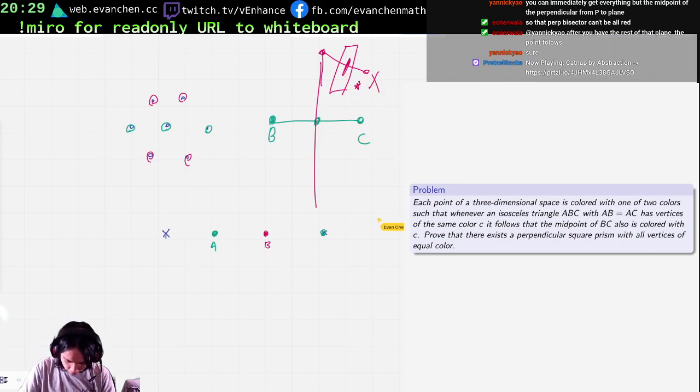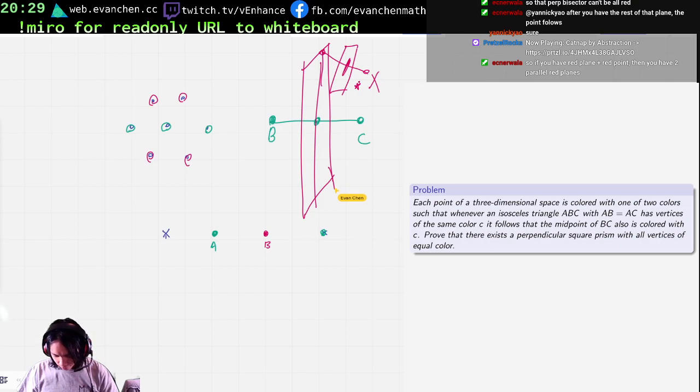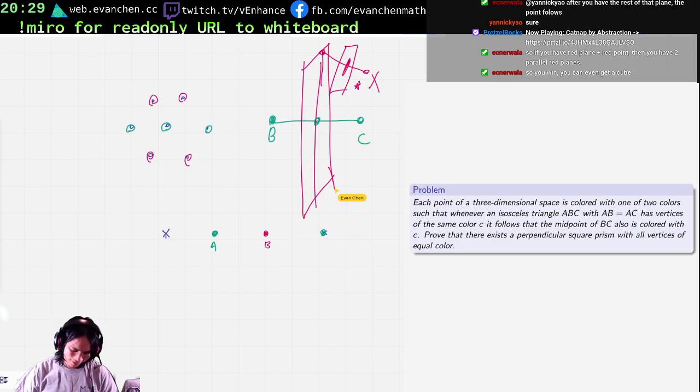Okay, but this drawing sucks. I'm going to draw a better picture. Actually, hang on. I keep forgetting. This whole thing is a plane. Yeah, okay. Okay, let's draw this thingy.